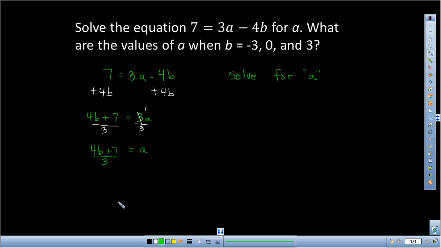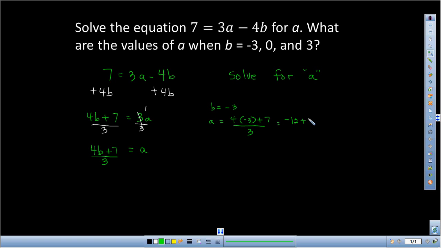Now we have to determine what is the value of a given specific b values. So let's just come over here and say b is equal to negative 3. What happens when b is equal to negative 3? Well, then that means that a would be equal to 4 times negative 3 added to 7, all divided by 3. 4 multiplied by negative 3 is a negative 12.